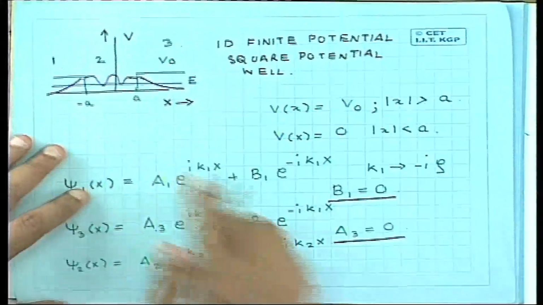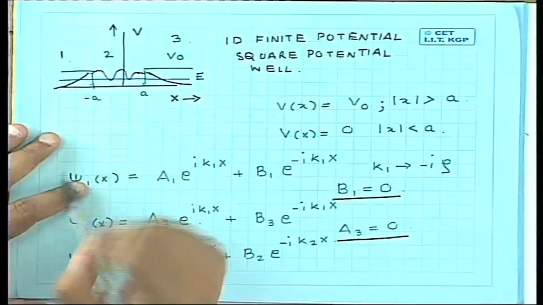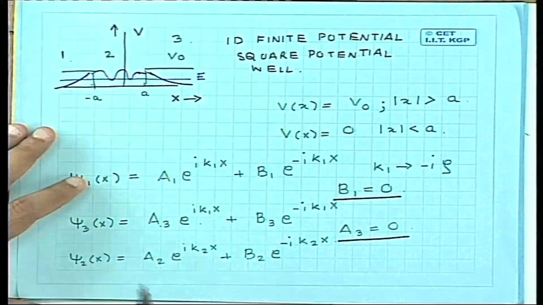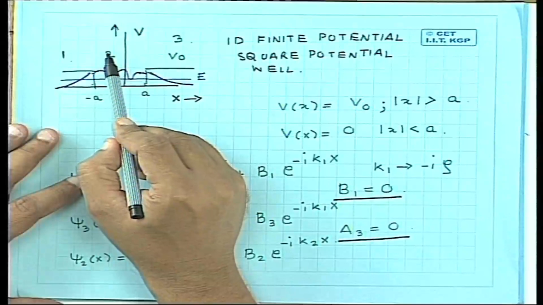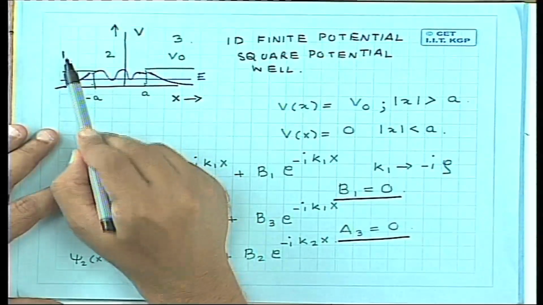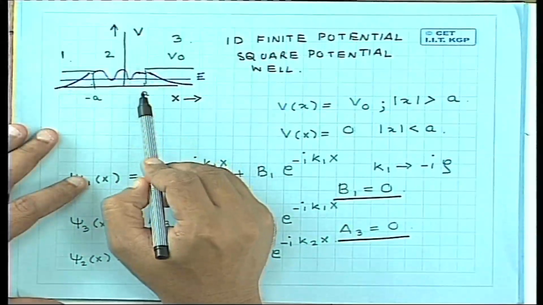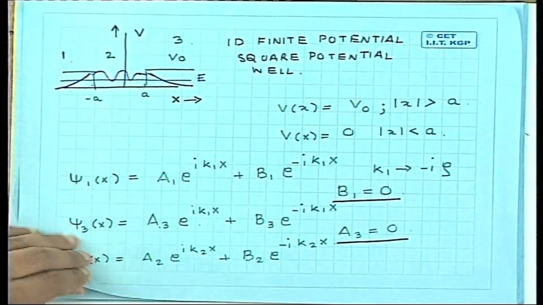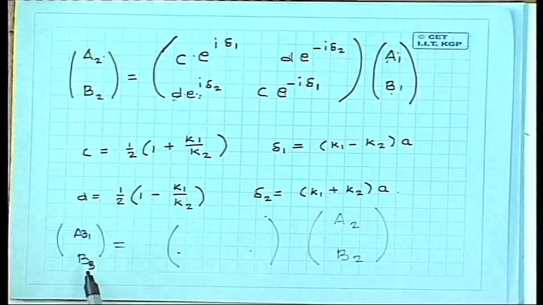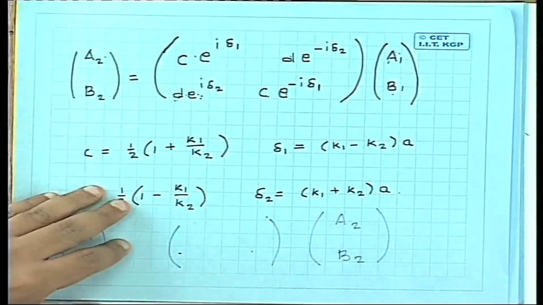So what have we done? We have applied the boundary condition at the point between regions 1 and 2, and we have related the coefficients in region 2 to the coefficients in region 1. Now we want to apply the boundary conditions at the point A. We want to express A3, B3 in terms of A2 and B2.